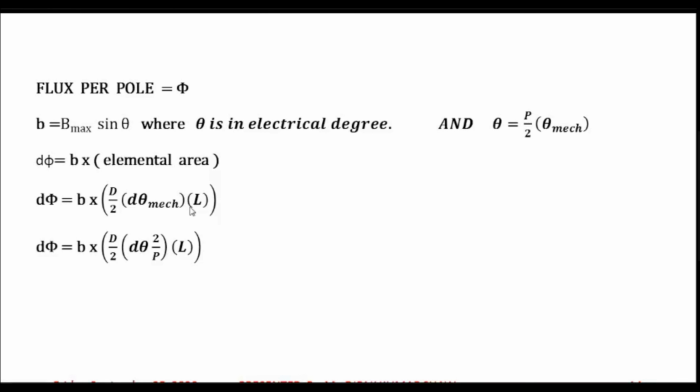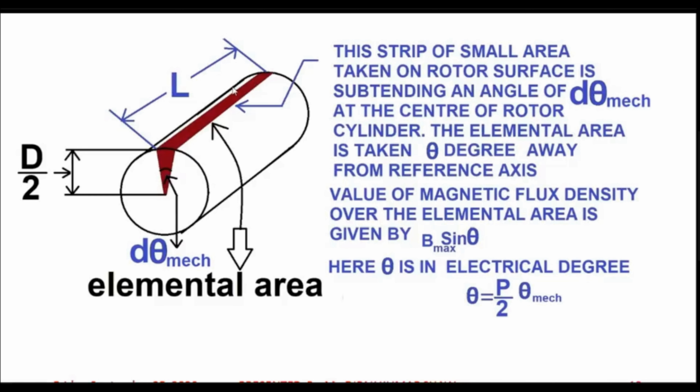So you can again have a look at the diagram. This is the length, and the arc which is developed by this small area is given by d by 2 multiplied by d theta mechanical. So we are actually considering this strip of area on the rotor surface as a rectangle, because it is infinitesimally small.